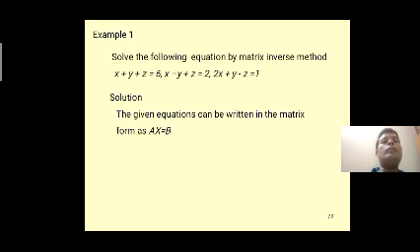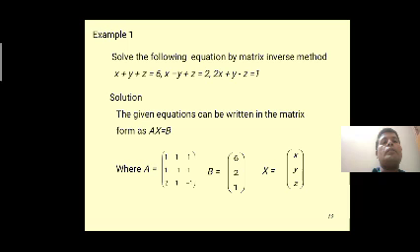The given equations can be written in matrix form as AX equal to B, where A is 1 1 1, 1 minus 1 1, 2 1 minus 1, B is 6 2 1, and X is x y z. We take the coefficients of x, y, z as the A matrix, and the constants 6, 2, 1 as the B values.